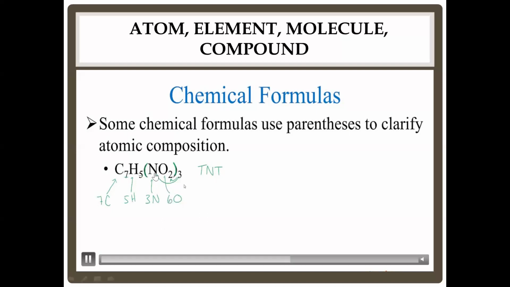So by the end you have seen that this TNT has 7 carbon atoms, 5 hydrogen atoms, 3 nitrogen atoms, and 6 oxygen atoms. So in this way, we are able to calculate the types and number of atoms involved in any chemical formula.